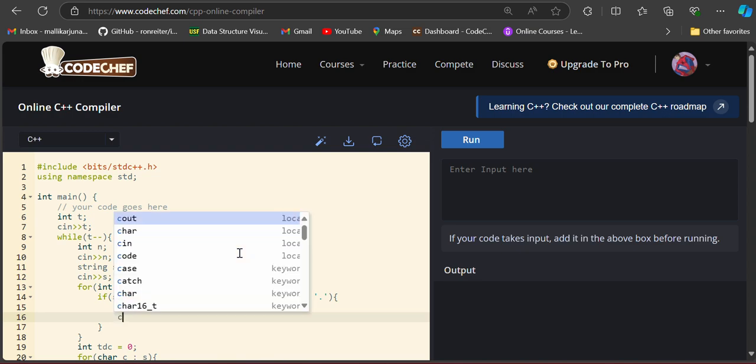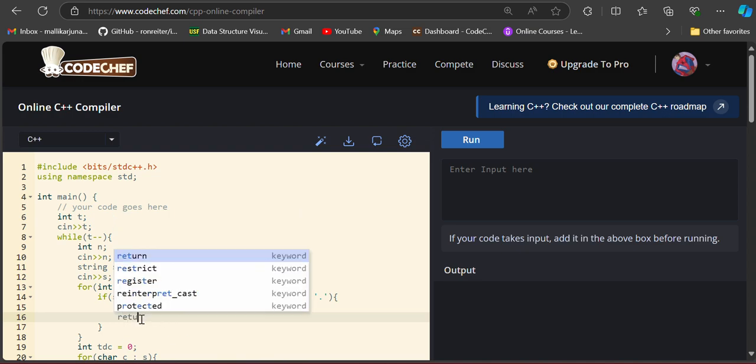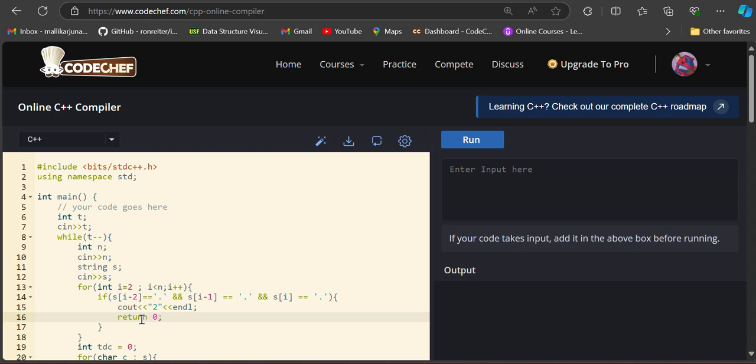And like we don't need to break. Should we break it? We have like written so the code only executes up to this. I'm sorry.